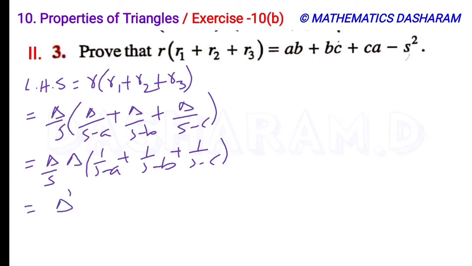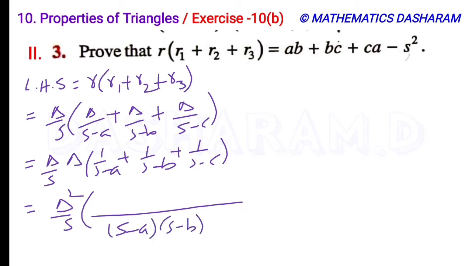So delta square divided by s. Here the LCM of all three denominators is s minus a into s minus b into s minus c.